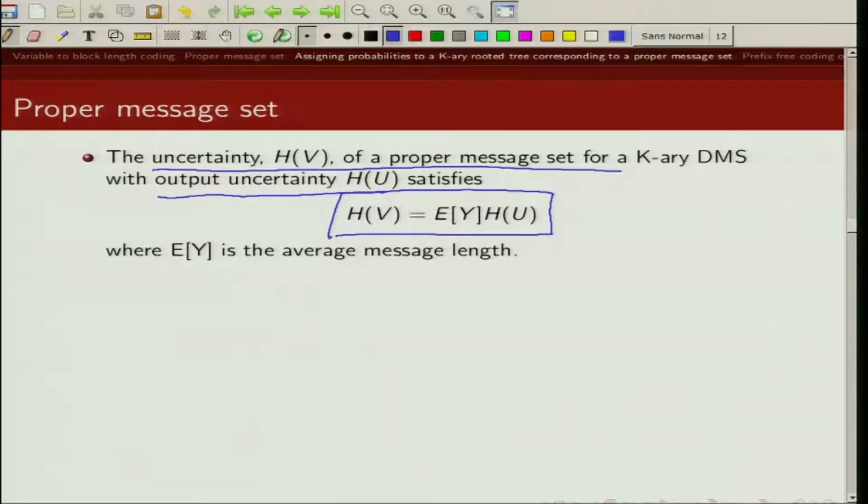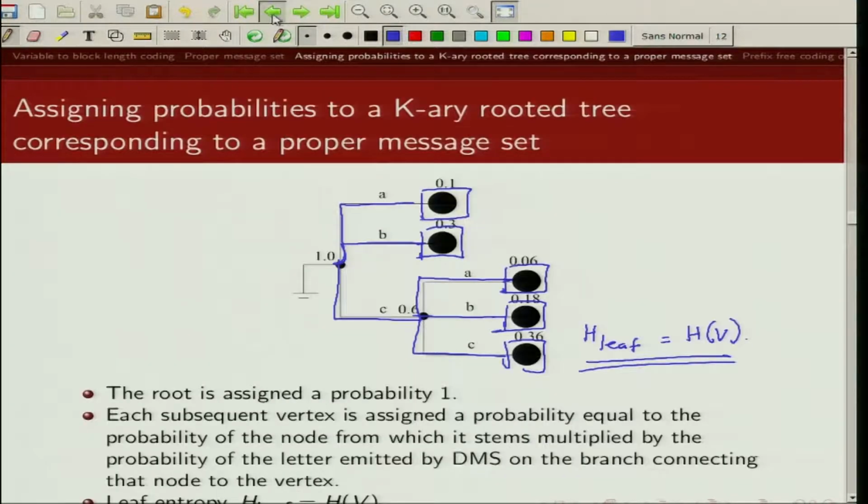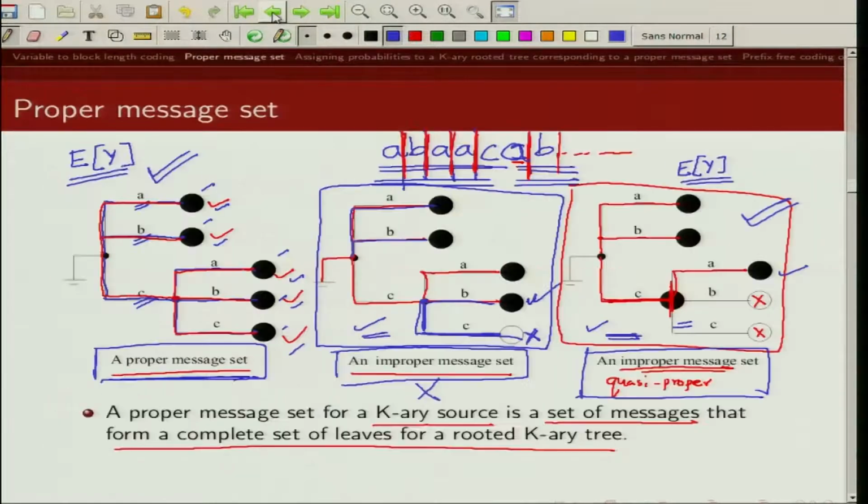So, the uncertainty in the output of a message parser, which is V, is given by the expected value of Y times the uncertainty in the query discrete memoryless source output, which is denoted by U. Again, just go back and recall what our U's and V's are.